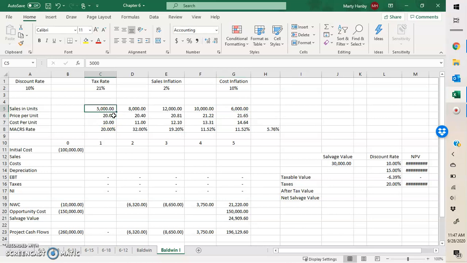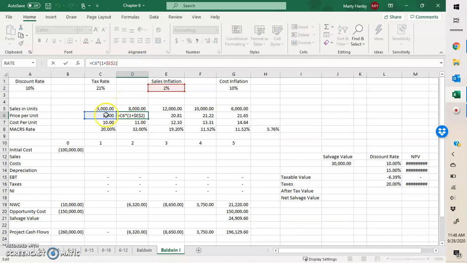That's the sale price per unit, and it's going to grow at 2%. So we just take the $20 and multiply it by 1 plus the 2%. See my formula there. I'm just multiplying the $20 by 1.02, or 1 plus 2%.